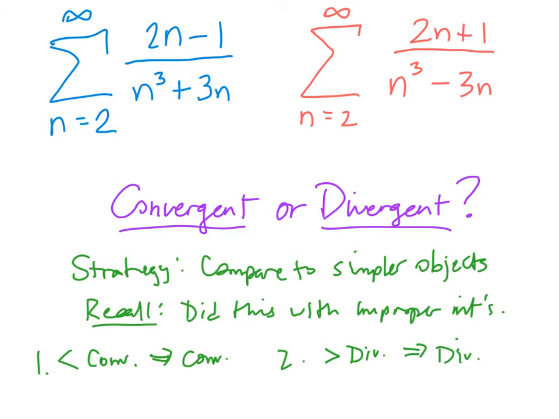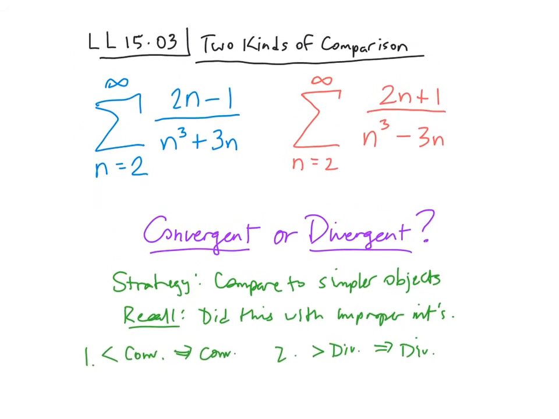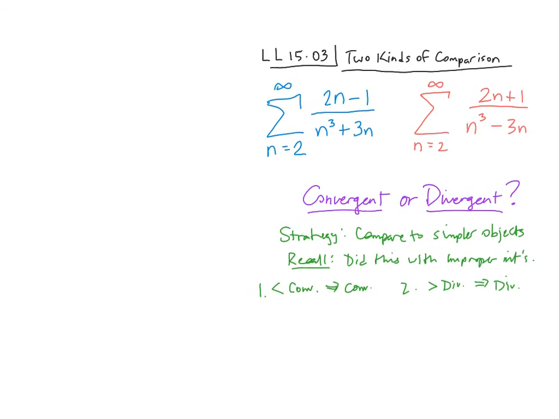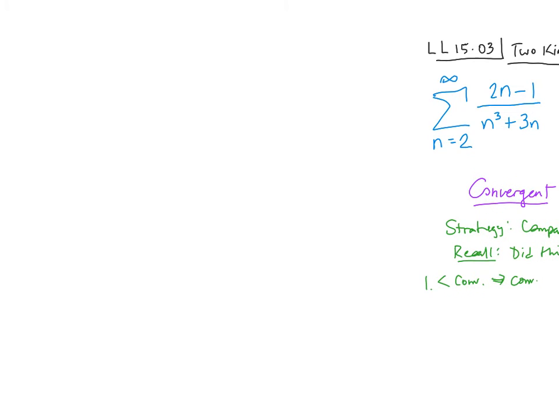All right, so what I'm going to do now, you'll notice I put these in very large text. That's because I'm going to move these over and now start working on this problem over here. So the whole idea of the strategy that we're going to use, we're going to try and determine whether this converges or diverges.